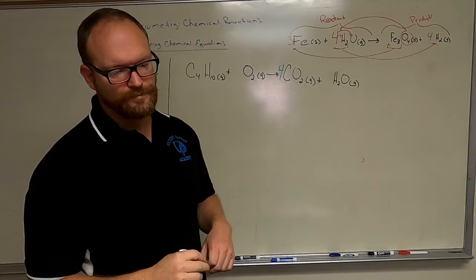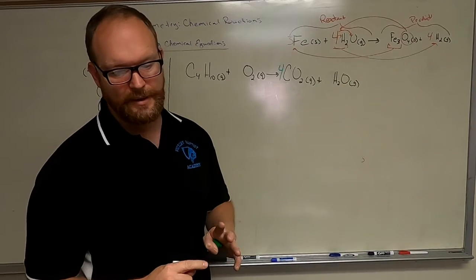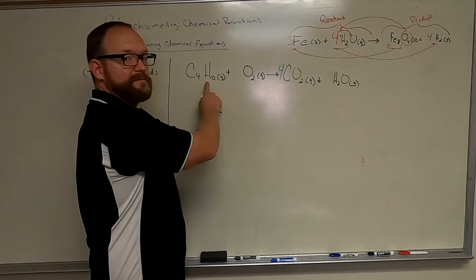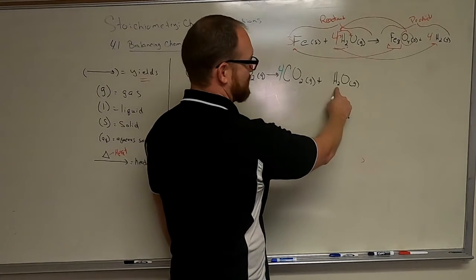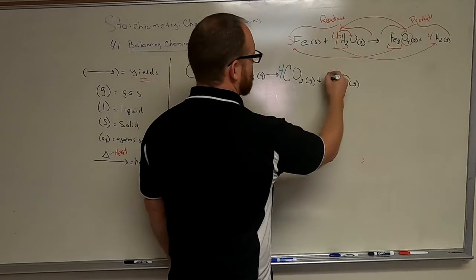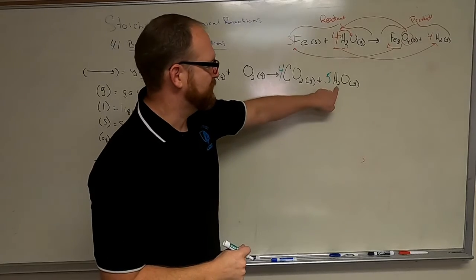I'm doing pretty good. And now let's look at my hydrogen. Okay, I have how many hydrogen here? Well, I have 10. How many do I have here? 2. Can I get those to match anyway? I sure can. I'm just going to multiply this by 5, because 5 times 2 is 10.